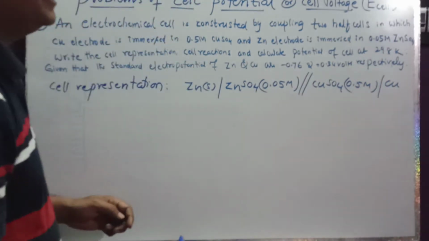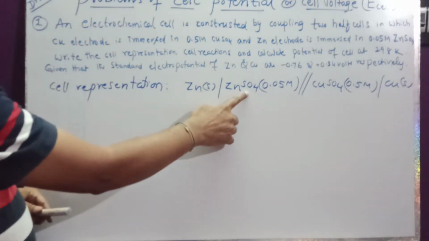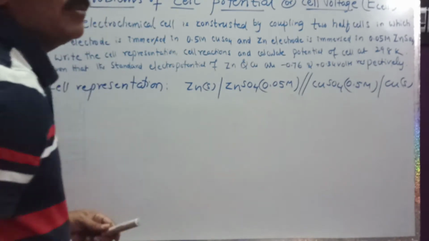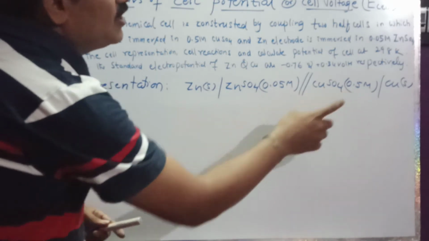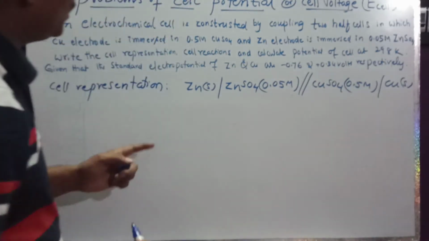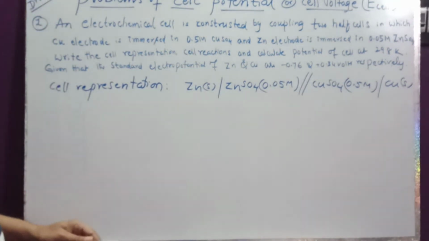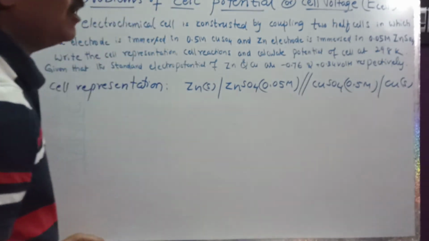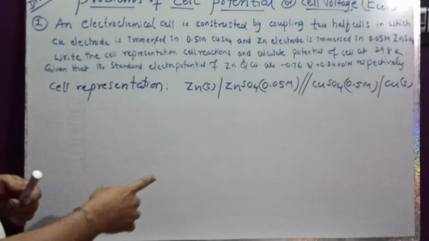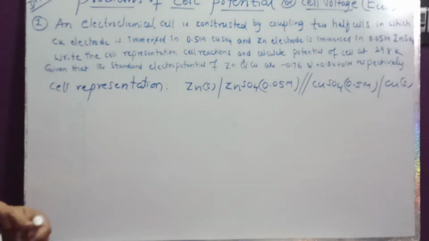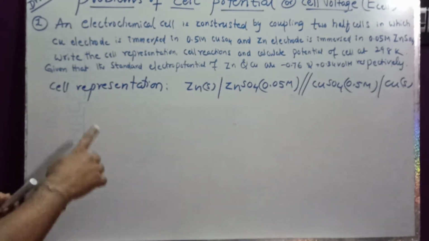So this is the cell representation which indicates the zinc electrode is immersed in zinc sulfate solution and copper electrode is immersed in copper sulfate solution of concentration 0.05 and 0.5 molar respectively. This indicates anode on the left side of the salt bridge and cathode on the right side of the salt bridge. Two vertical lines represent salt bridge and single vertical line represents phase boundary between solid and the liquid solution. So this is cell representation.